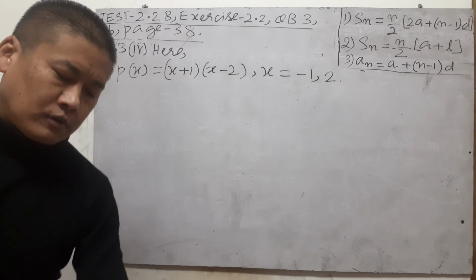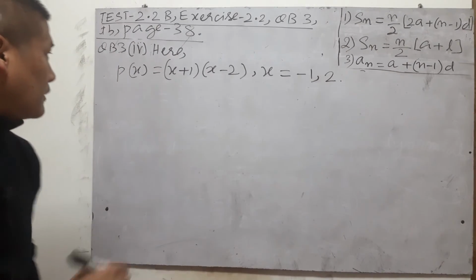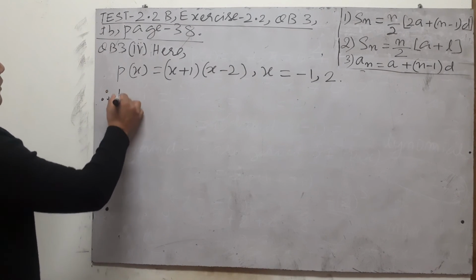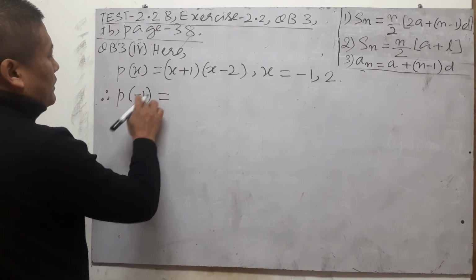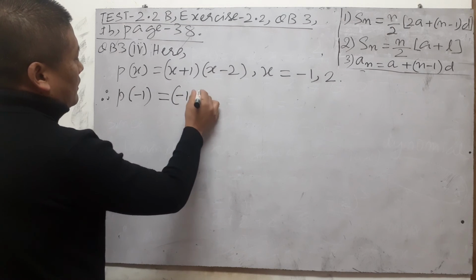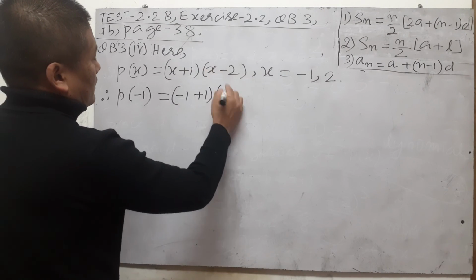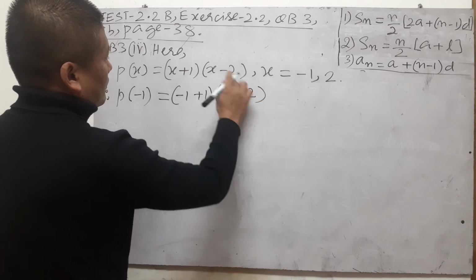So we have to check for both. Let us check for the first one. Therefore p of minus 1: this x will be minus 1 plus 1, and minus 1 minus 2.